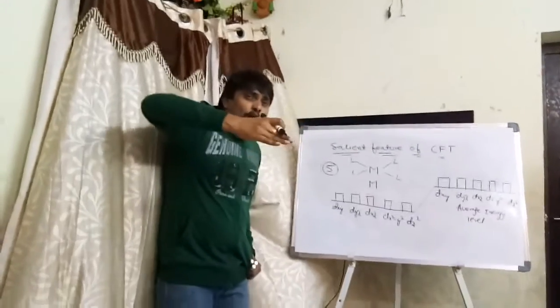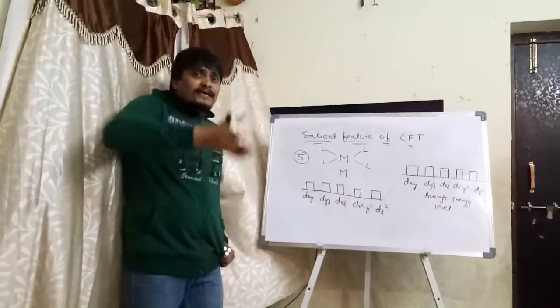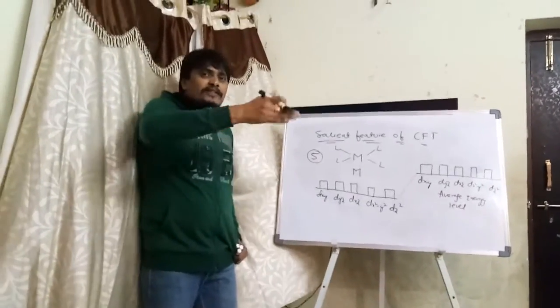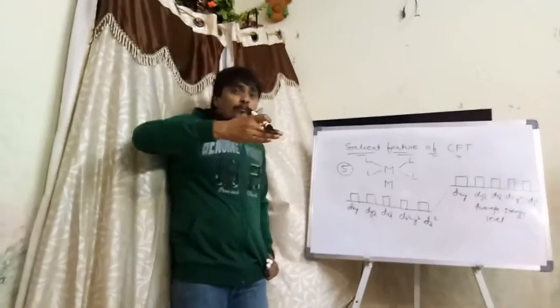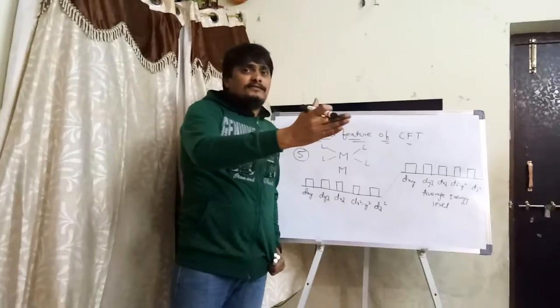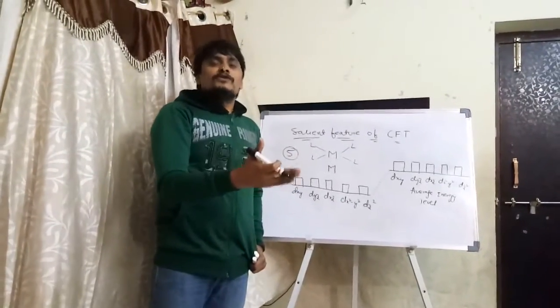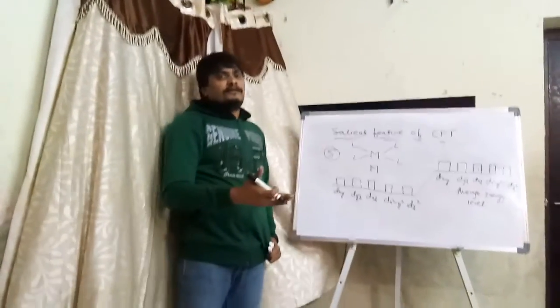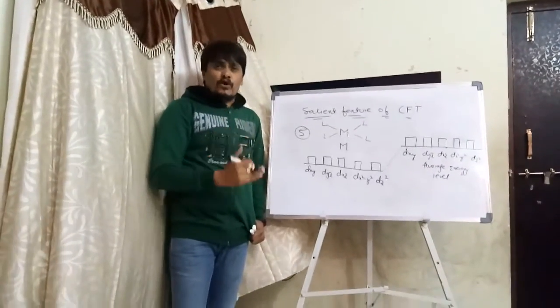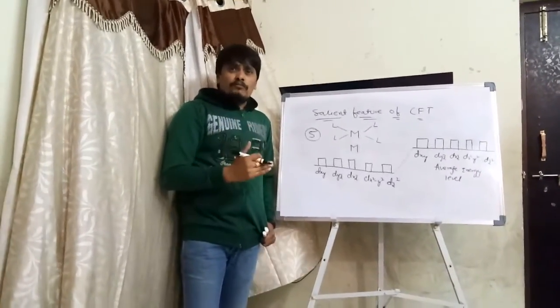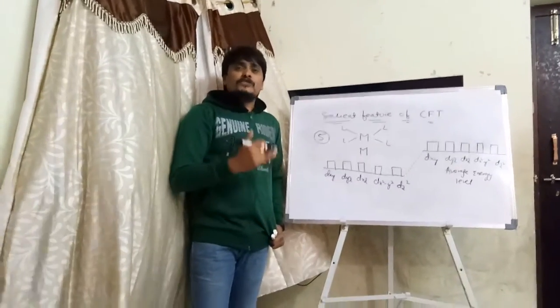If the ligands are approaching in between the axes, or if the ligands are approaching along the axes, then what happens? That we are going to discuss by means of crystal field theory in octahedral complexes, tetrahedral complexes, and square planar complexes.